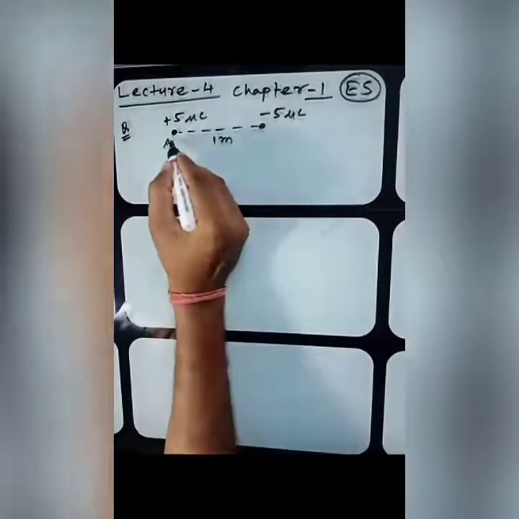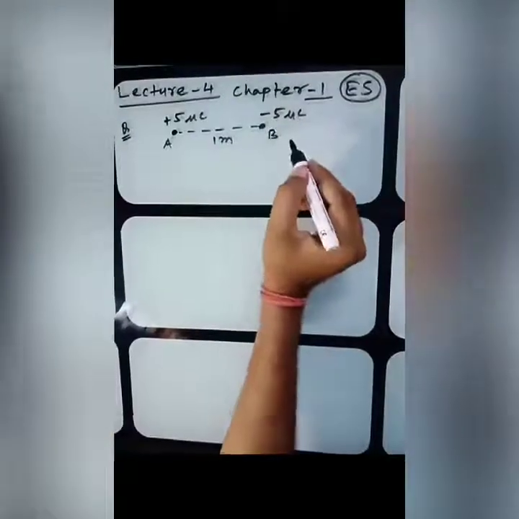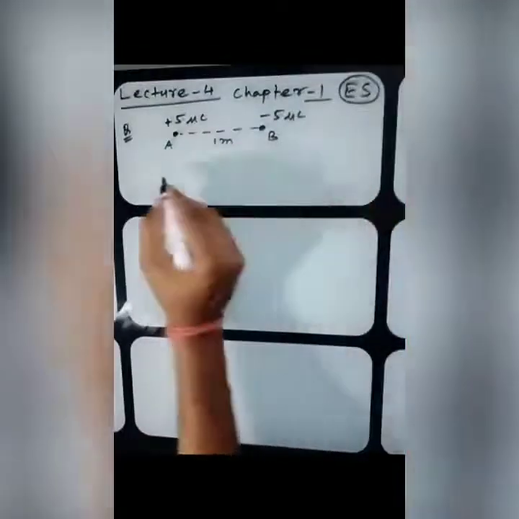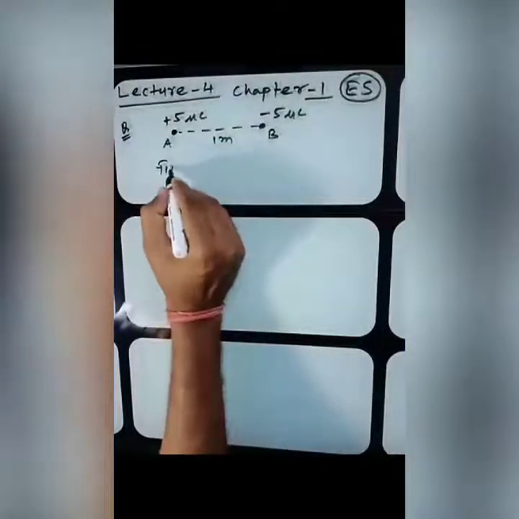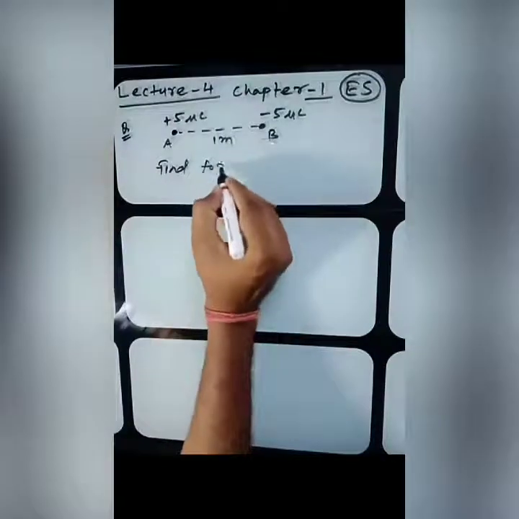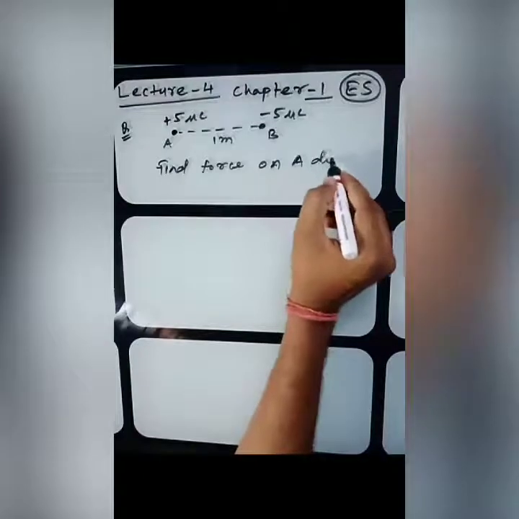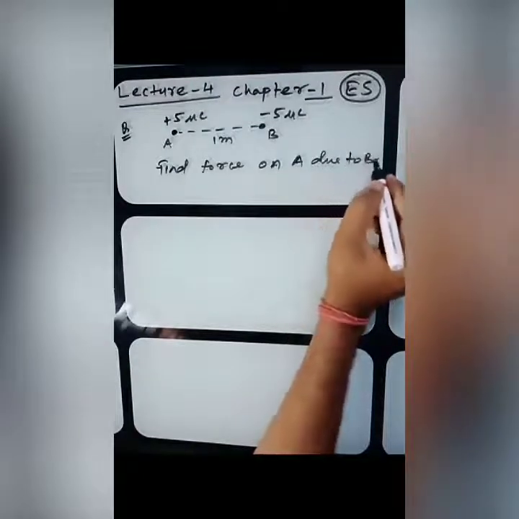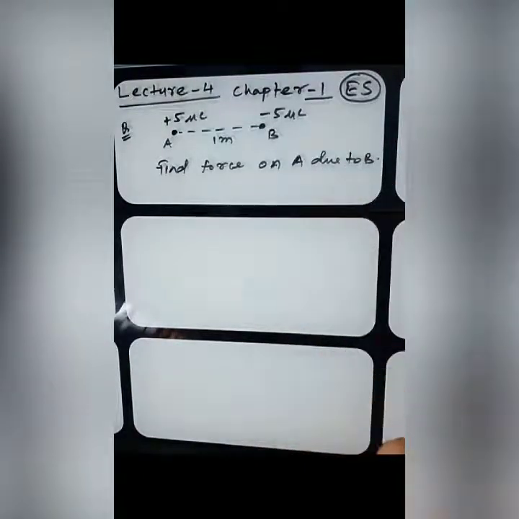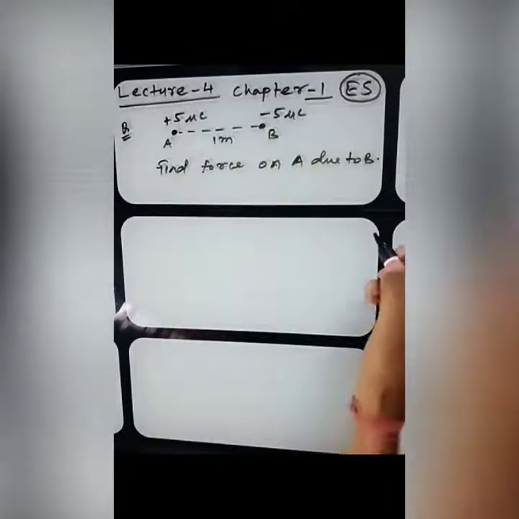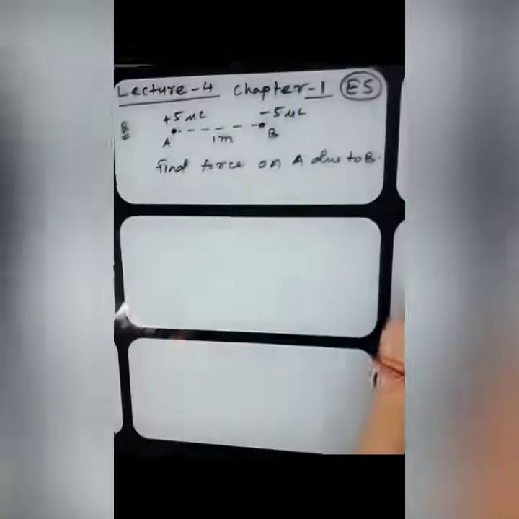These are charges A and B. You have to find the force on A due to B, in vector form as well as magnitude. Try to solve this question.